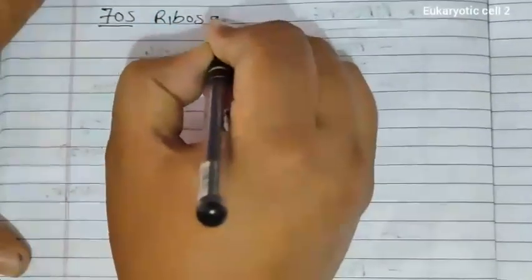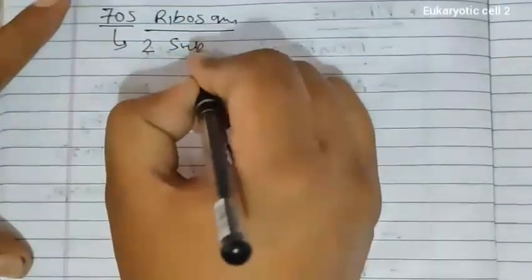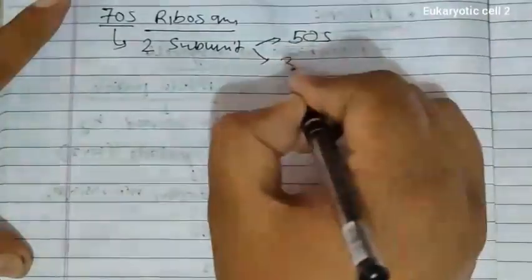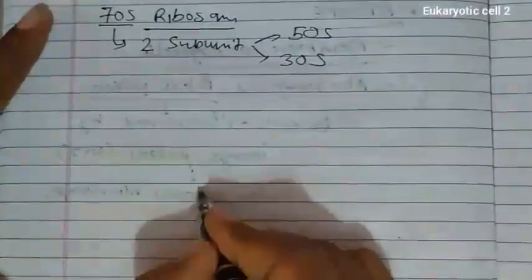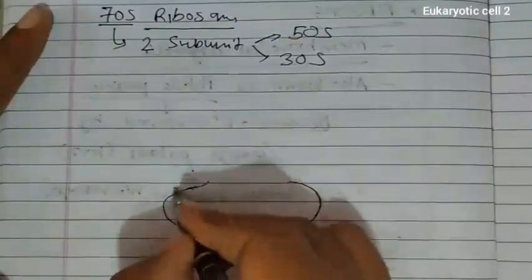Now first we talk about the 70S ribosome. The 70S ribosome has two subunits, that is 50S and 30S. So if you draw the structure, suppose this is the small subunit and this is the large subunit.